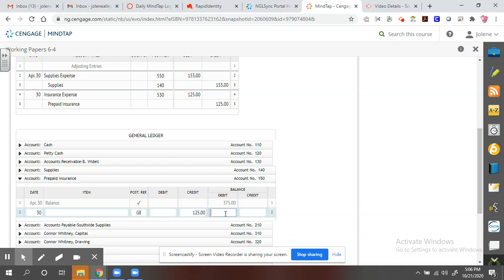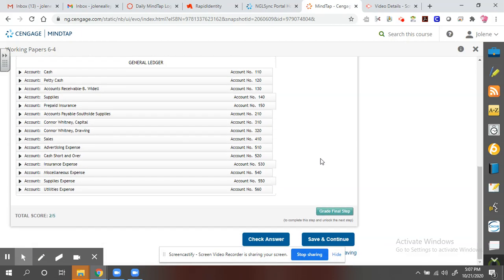So you have to subtract these two. 375 minus the 125 gives us an ending balance now of 250. 250 is what the documentation told us the insurance was worth at the end of the period, so that makes sense. This account number, 150, I take up to my general ledger and plug it in to show that I posted that, and now I am done.